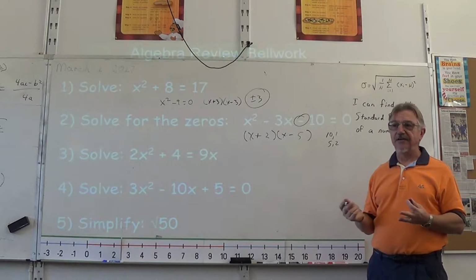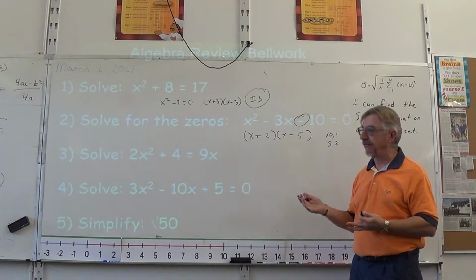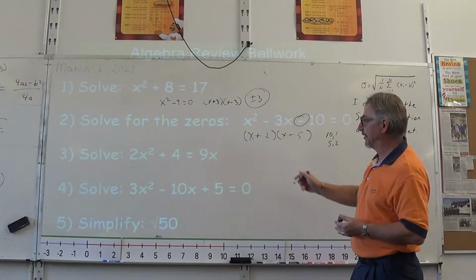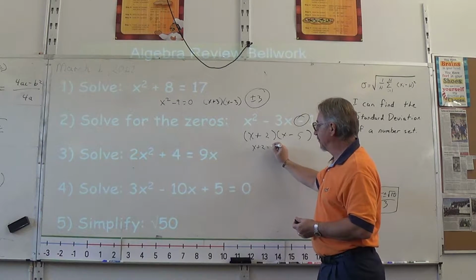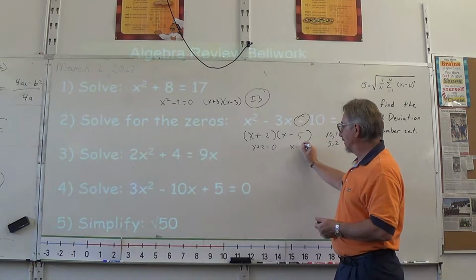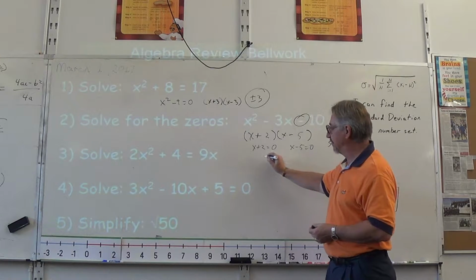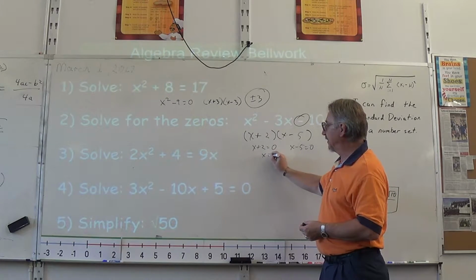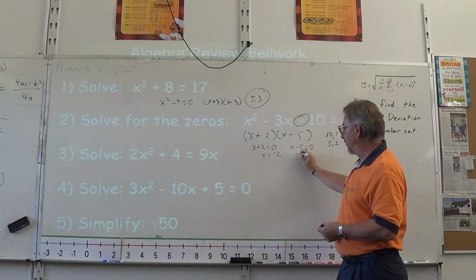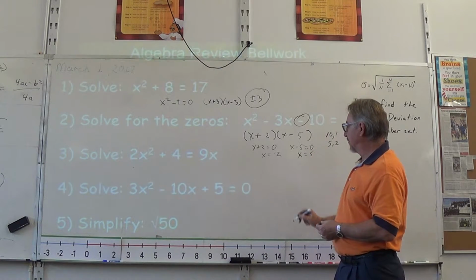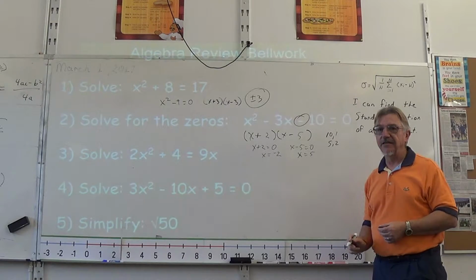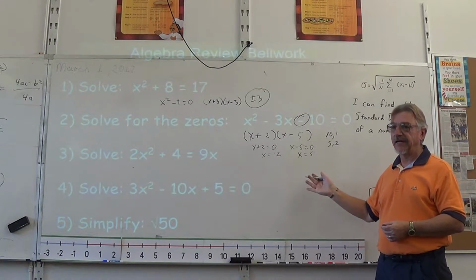So once I've factored it, I'm solving it, which means I'm solving for x. I'm solving for the zeros. So I have x plus 2 equals 0. X minus 5 equals 0. So then x equals negative 2, and x equals positive 5. Okay, so solving for my zeros is going to be negative 2 and 5.